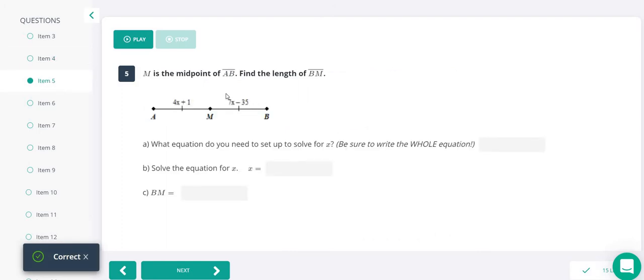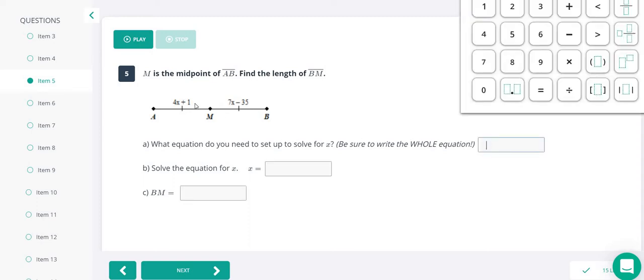All right, for number 5, again, just like 4, we have a midpoint. And that means these two are equal. So if M is our midpoint, that means these are equal. These little lines here also indicate that these are equal. So the equation that we have to set up is just setting these two things equal to each other.